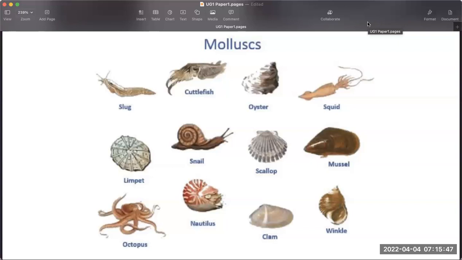Sexes are usually separate, means many of the mollusks are dioecious, but some mollusks are hermaphroditic, monoecious. Fertilization is external or internal.